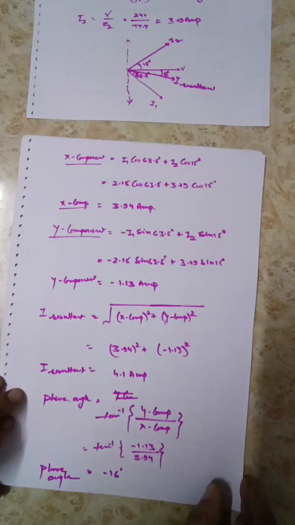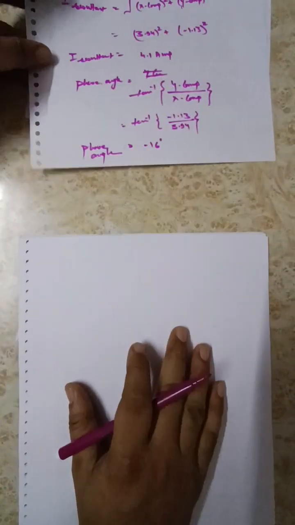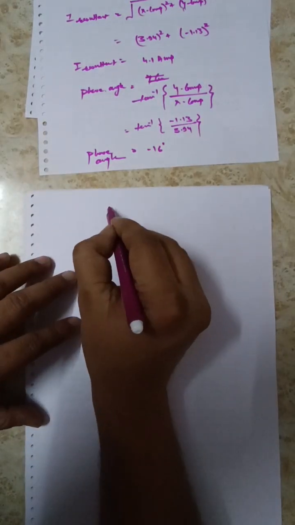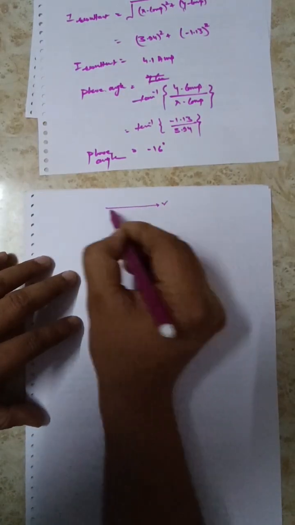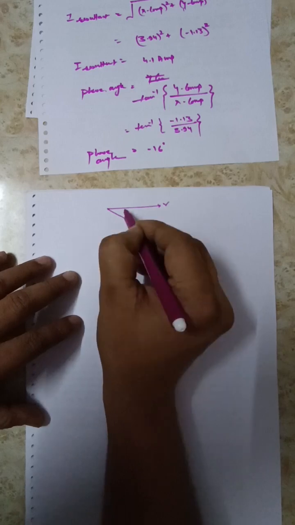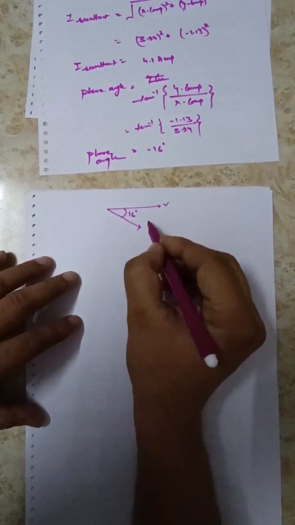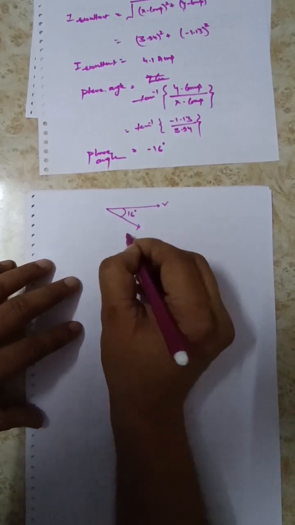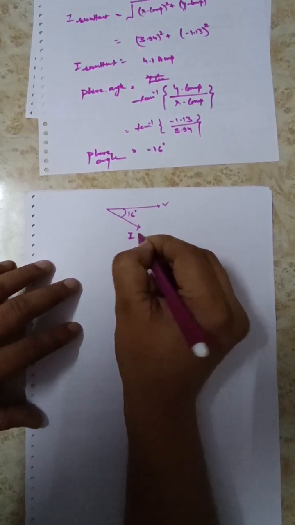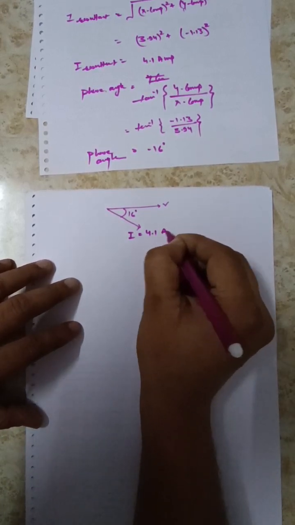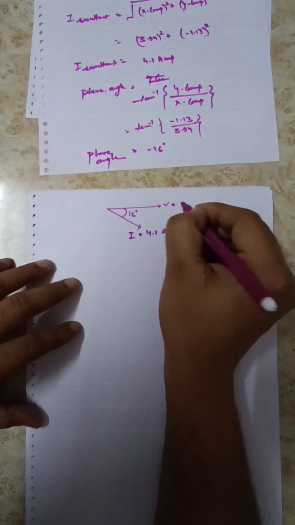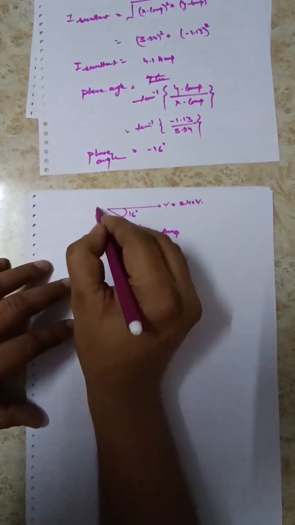So what will be the overall phasor diagram of the circuit? Phase difference between voltage and current. Here if it is voltage, then current will be like here and angle will be 16 degree, and the value of current will be 4.1 ampere. And what was the value of voltage? 240 volt.